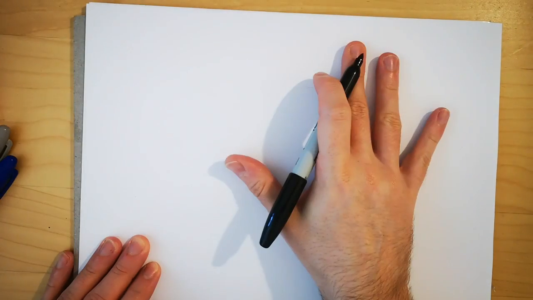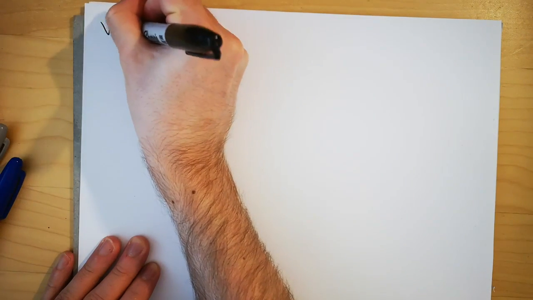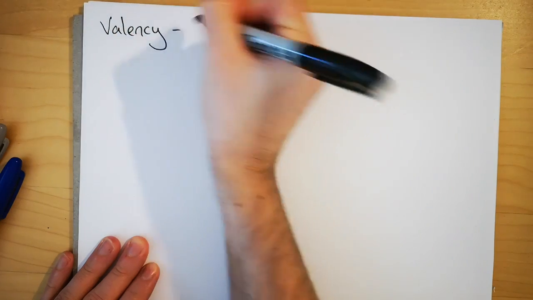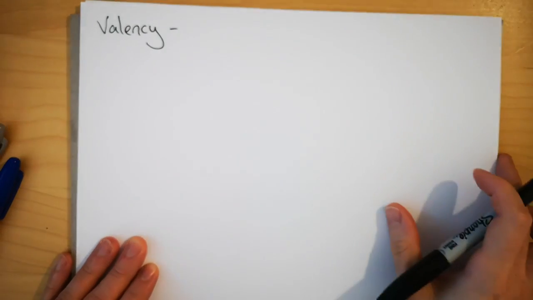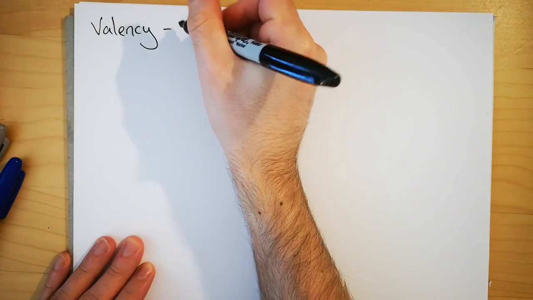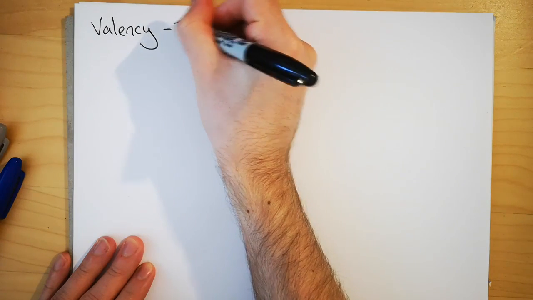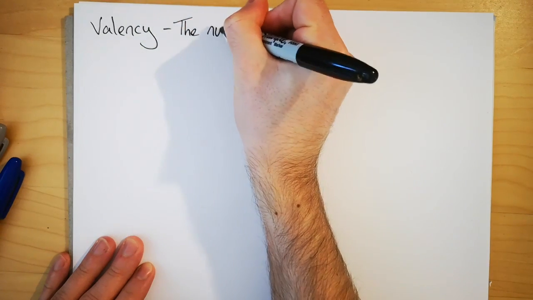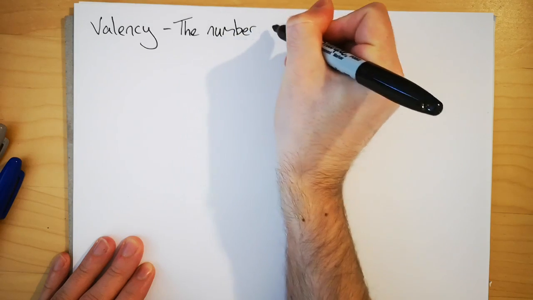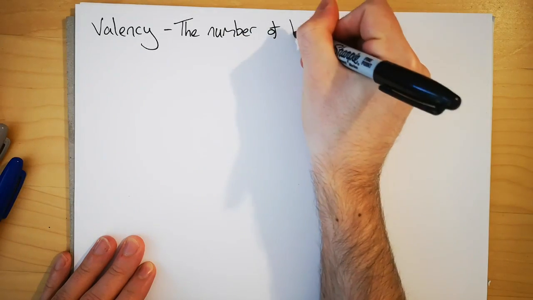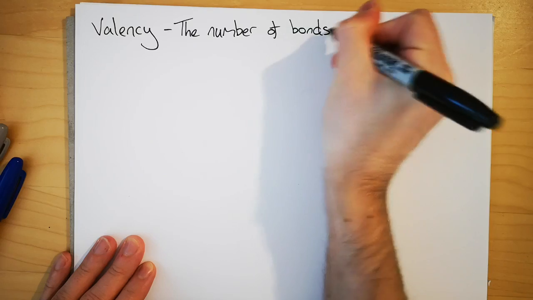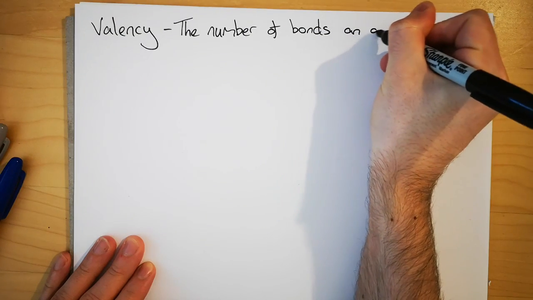So the first thing that I want to do, and if we are going for notes again, this can be the foundation of your notes. Valency is simply going to be defined here as the number of bonds an atom can make.